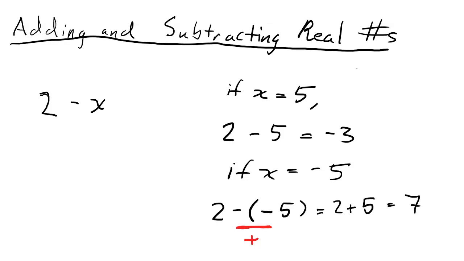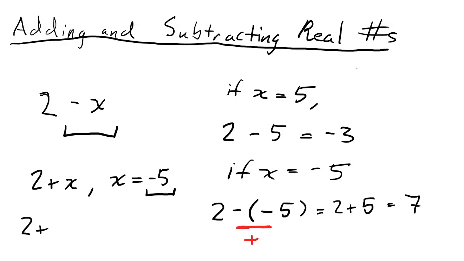So be careful that whenever you see a negative, or even when you have 2 plus x, that when you have a negative value, you're plugging in the sign as well as the number. So in this case, it'd be 2 plus negative 5, which is equal to 2 minus 5, which is equal to -3.